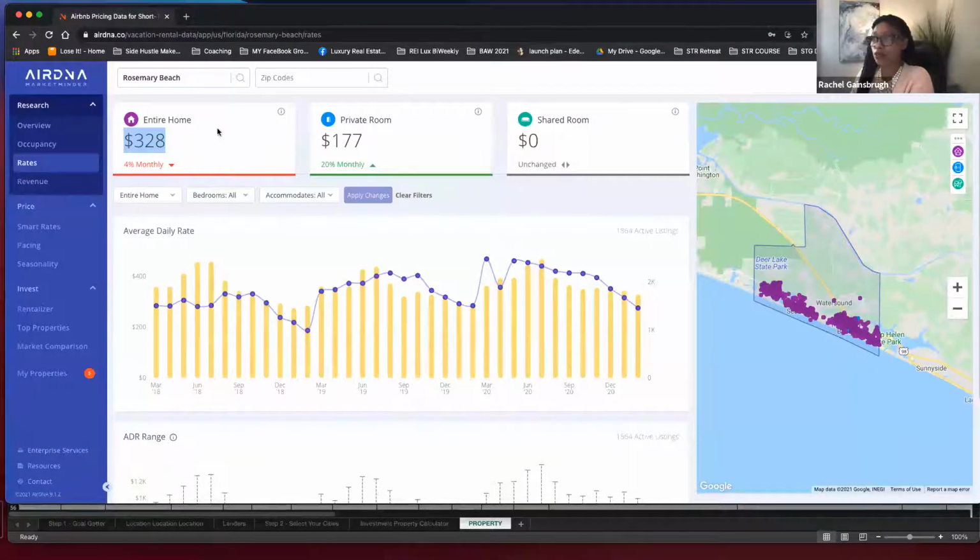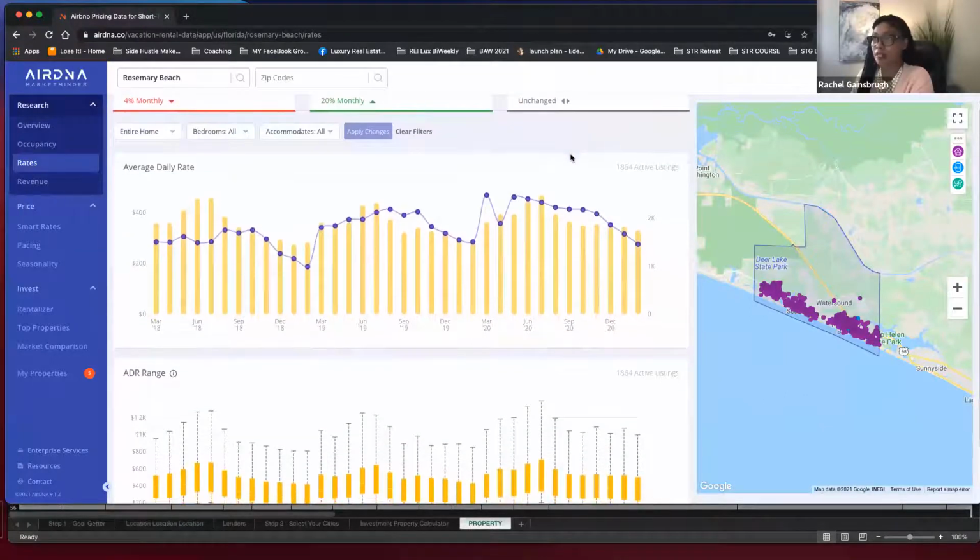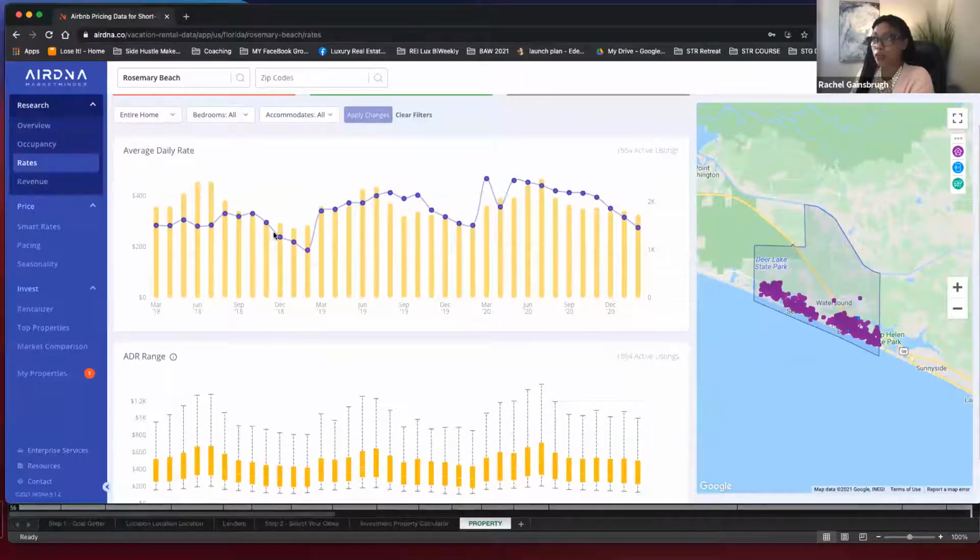So I don't really worry about this legend kind of up here. Where I go is down here. So you can see for all of the properties, the rates, this is like $400 per night and so on and so forth. And of course, it's going to vary based on market, guys.